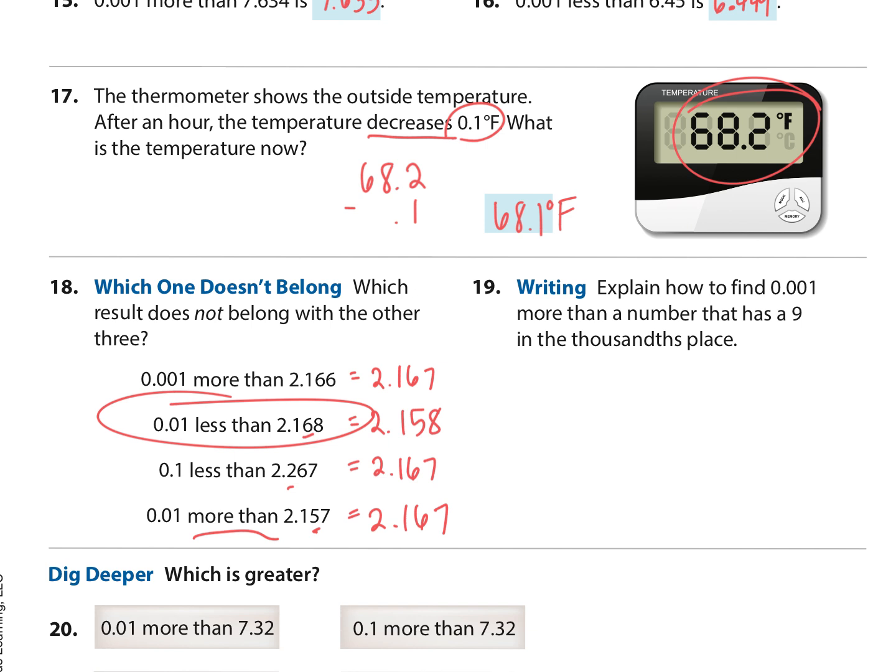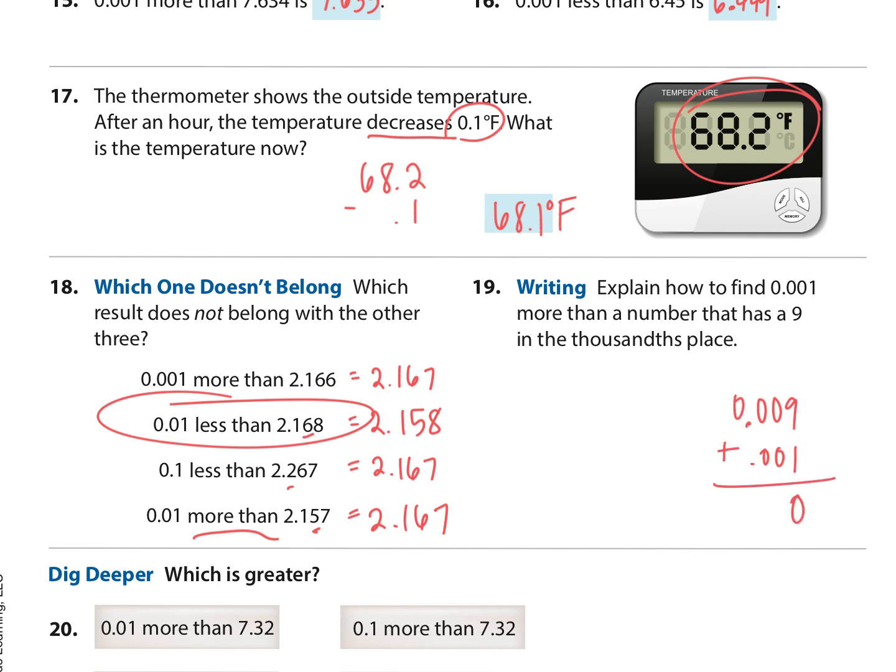Okay, on number 19, it's just wanting me to explain. It just wants you to understand what happens if you're finding 1,000th more than a number that has a 9 in the thousandths place. So imagine that for a second. I have a 9 in the thousandths place, and I'm adding 1,000th to that. What's happening? Y'all just talk me through that. What is going to have to happen? You're going to have to carry your 1.